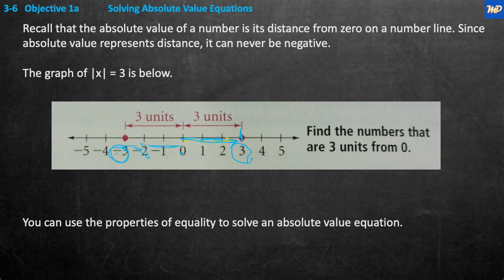So negative 3 could be put into the absolute value symbol, and the absolute value of negative 3 would be 3 because it's 3 units. Get it? Okay. You can use the properties of equality, the addition, subtraction, multiplication, division properties of equality to solve an absolute value equation.